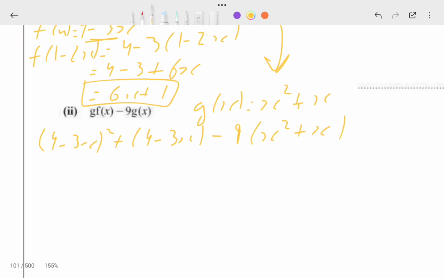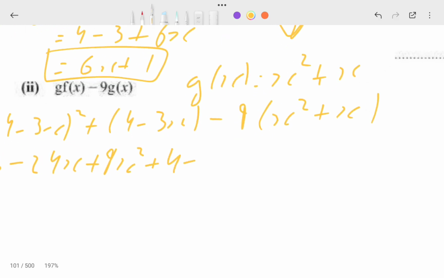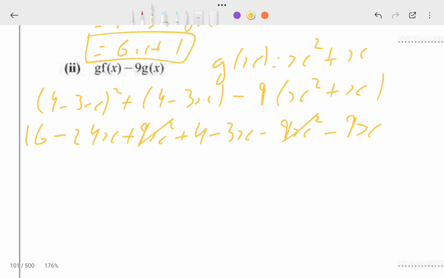We will first open up this bracket, which will give us 16 minus 24x plus 9x squared plus 4 minus 3x. The 9x squared terms cancel out. 16 plus 4 will give us 20, and minus 24 minus 3 minus 9 will give us minus 36x.